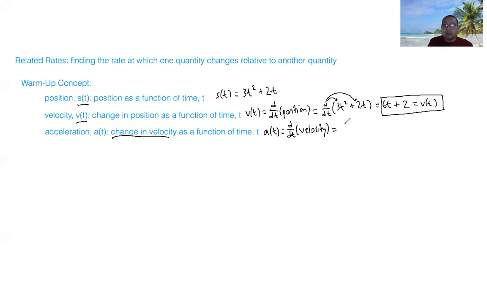That would look like this: the derivative with respect to t of my velocity function, 6t plus 2. Again, we distribute, and that's equal to the derivative of 6t, which is just 6 according to the power rule, plus the derivative of 2, which is a constant, and we know that the derivative of a constant is 0. So all we have for acceleration is 6, okay?